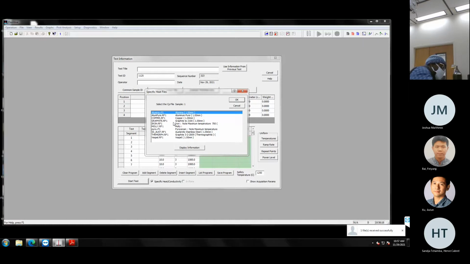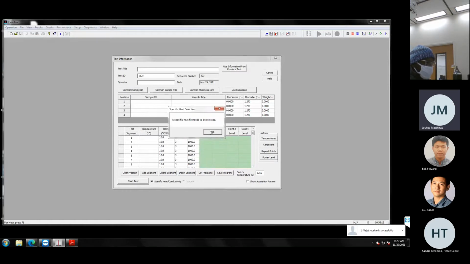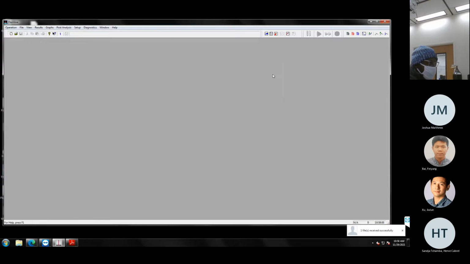Based on your experience with this machine, is it able to measure conductivity of mixed materials, not just pure material? You can actually set up your own standard, but it's going to give you a number. This instrument measures diffusivity directly. Conductivity is indirect. The diffusivity number is plugged into the conductivity equation with the specific heat and the density to get conductivity.